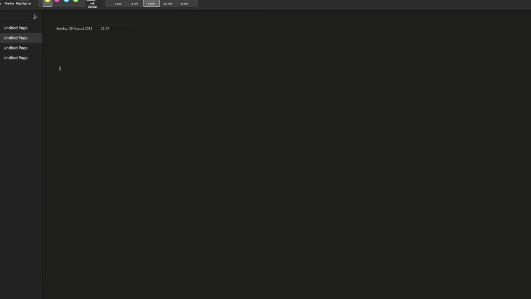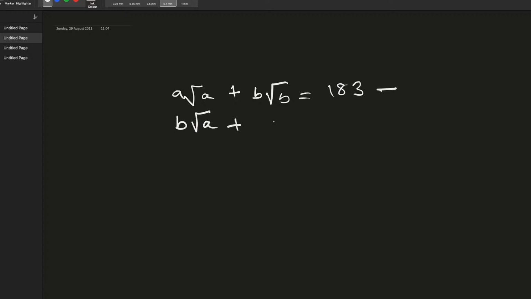All right, so we go. We have our screen here, and let's see. This is what we have at the moment. It says A times the square root of A plus B times the square root of B is equal to 183, and B times the square root of A plus A times the square root of B is equal to 182.